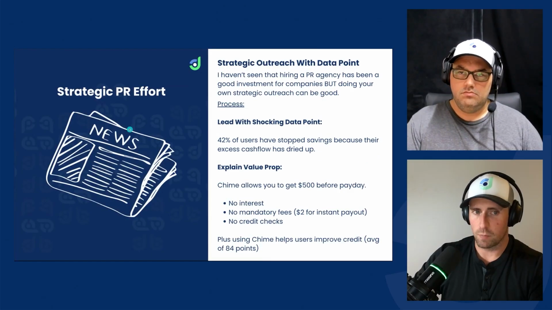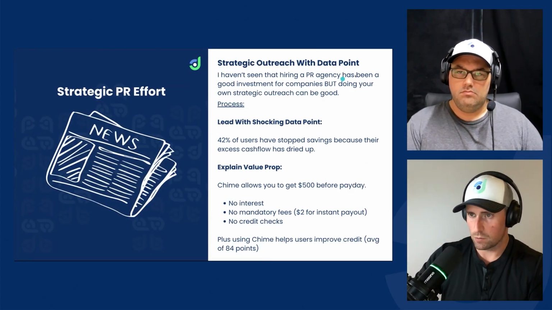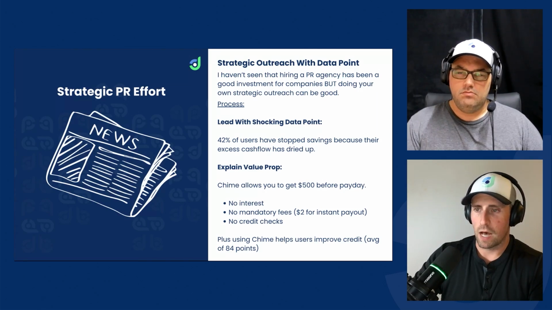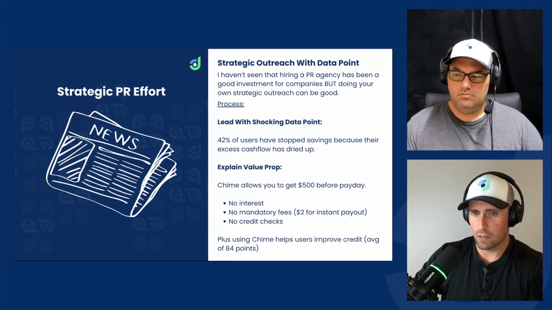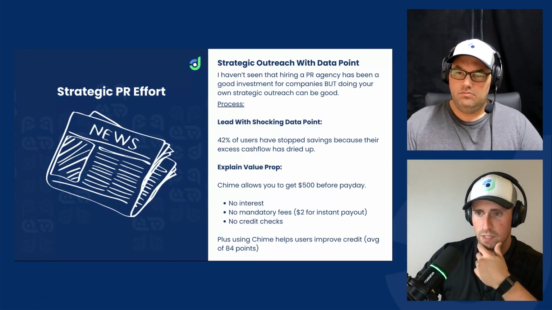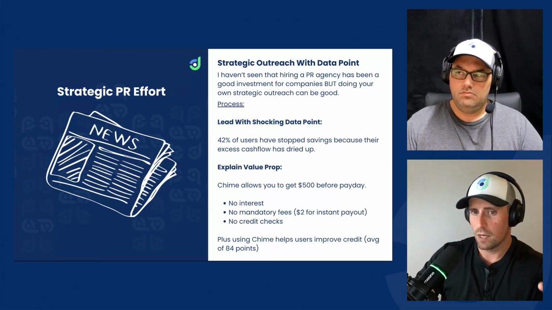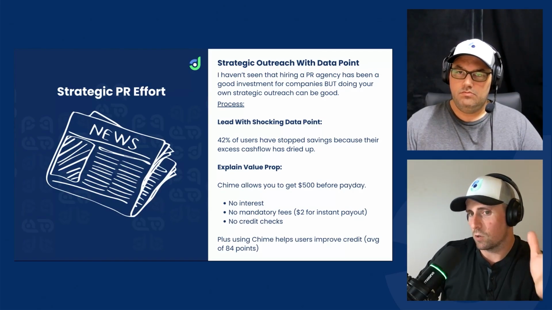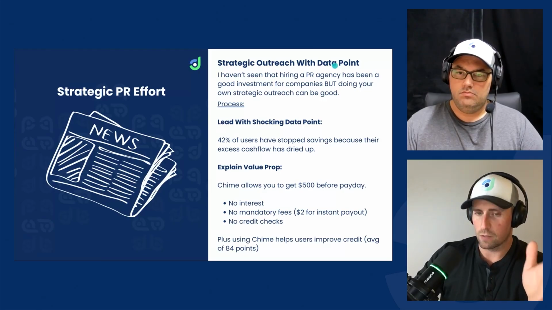And so when we talk about a strategic PR effort, I'm going to use Chime. I've never seen that hiring a PR agency has been a good investment for companies, and especially since you're performance advertisers, you're going to agree with that. So doing your own strategic outreach can be good. And here's the process.